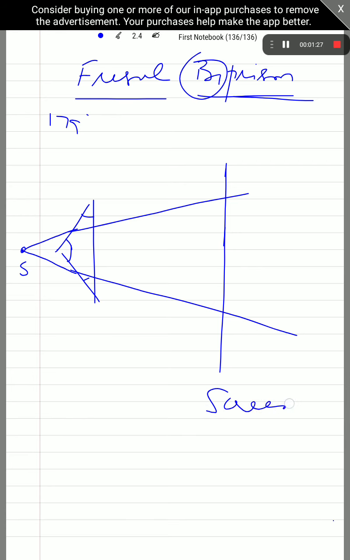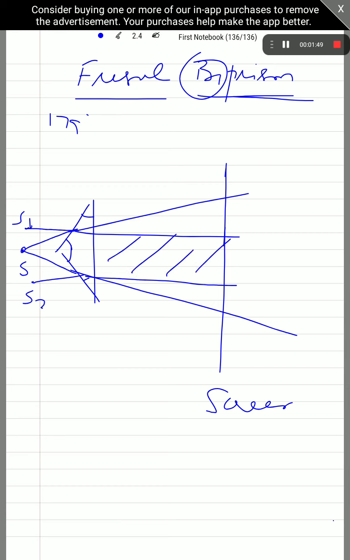This is the screen, and when it is seen from the screen, it appears that the light is coming from S1 and S2, two distinct sources. So in this region on the screen you will get maximas and minimas.